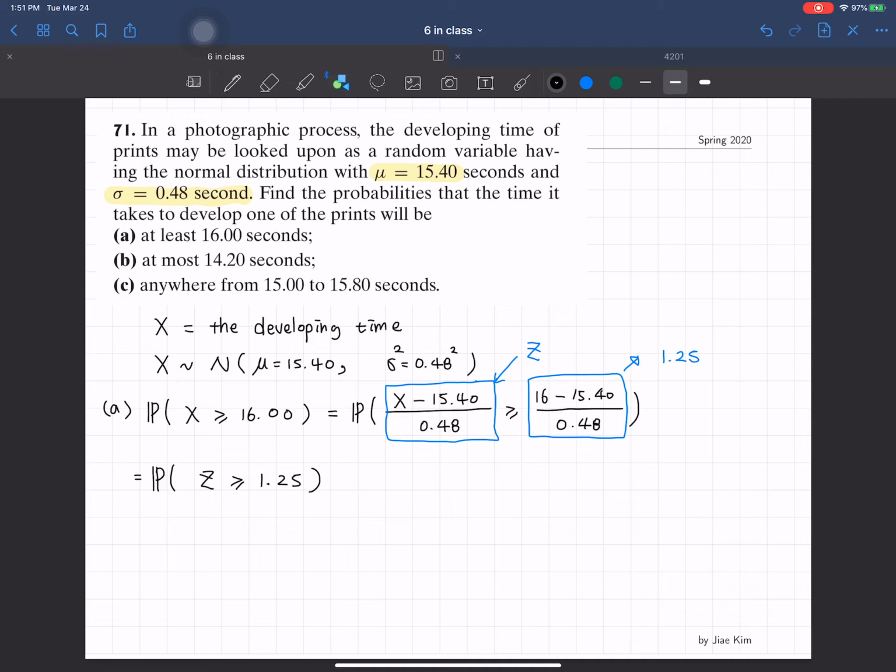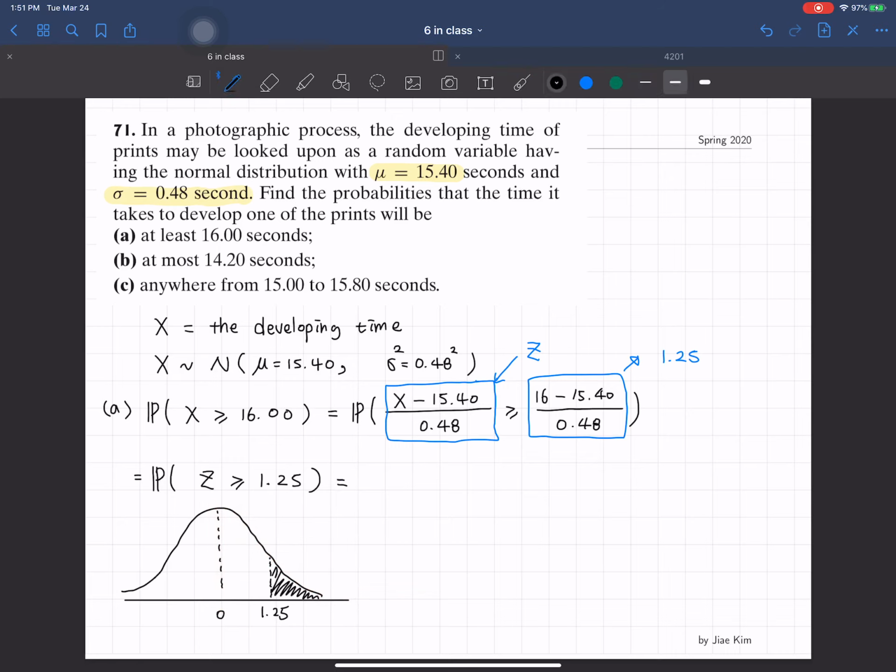Once you get to standard normal probability calculation, I highly suggest you draw a bell-shaped picture with mean 0 as a reference point. This probability is the probability of standard normal Z being greater than 1.25, so it corresponds to this area. From our table, we can get the probability of something looking like that, and we know the area on the right side of the curve all the way up to infinity is 0.5.